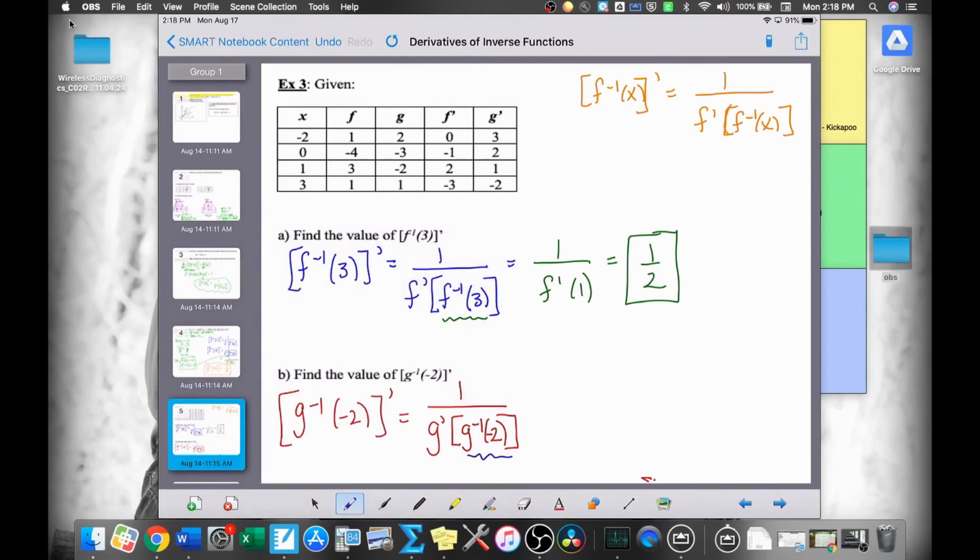So g inverse of negative 2 gives me an output of 1 from my table right here. That's where I'm looking. So this is 1 over g prime of 1. And then when x is 1, g prime of 1 is 1. So I'm left with 1 over 1, which I know is a slope of 1.